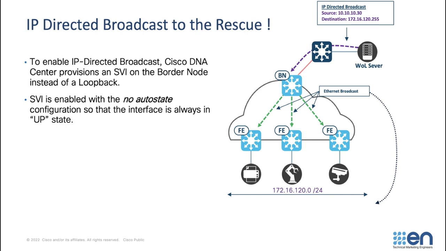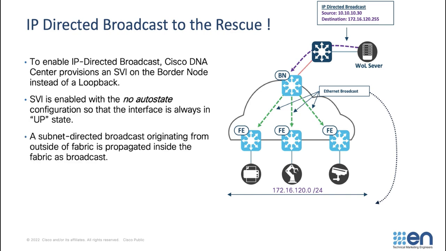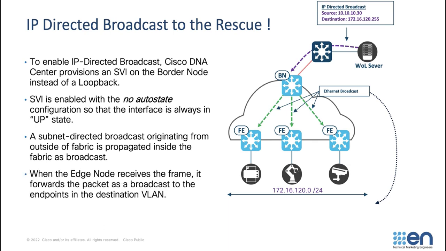No autostate keeps the SVI active even if there are no physical ports using the VLAN for that SVI. IP-directed broadcast enables the border to convert the packet from the server into an Ethernet broadcast for the VLAN that is using the SVI. When the edge node receives the frame, it forwards the packet as a broadcast to the endpoints in the destination VLAN.